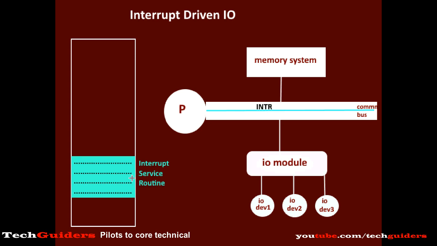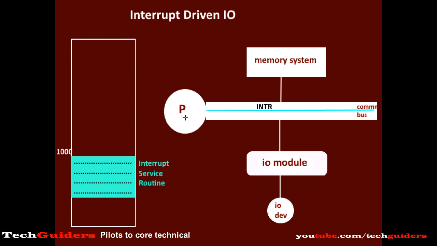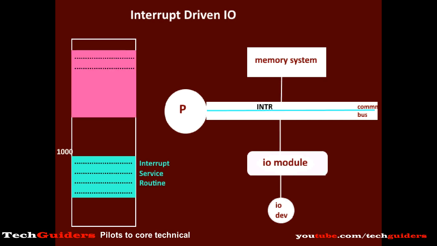So to understand the normal flow, consider there is one I/O device and an interrupt service routine corresponding to the I/O device. The address of that interrupt service routine is known to the processor or is hardwired into the processor. Suppose the processor had been computing something. In the midst there was an I/O request.